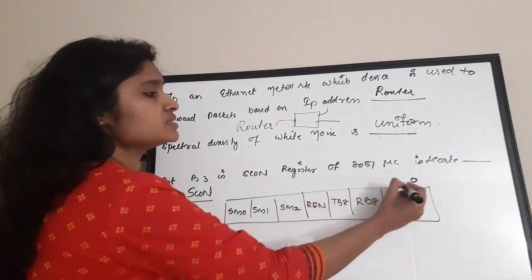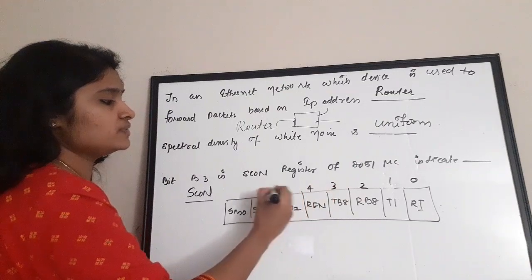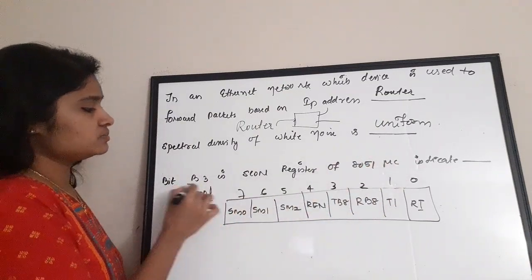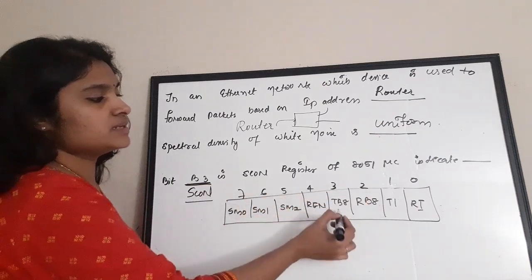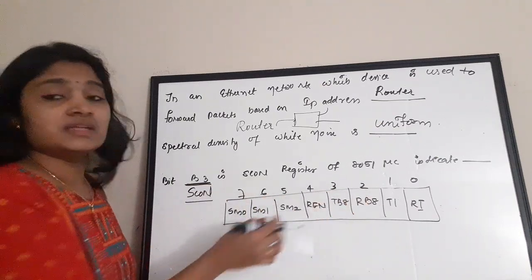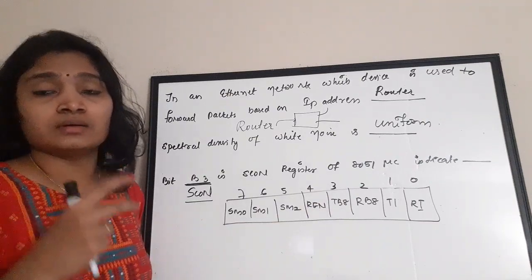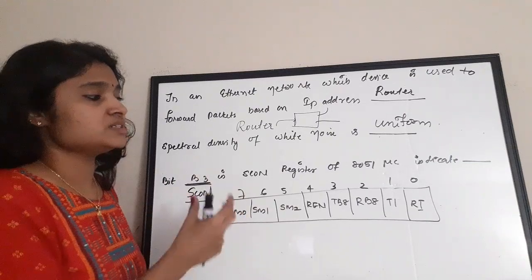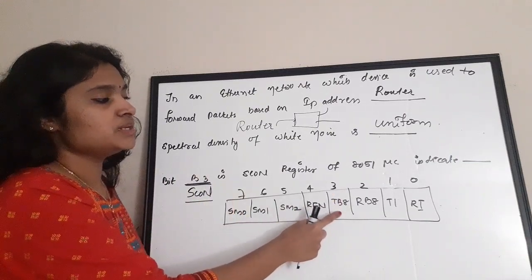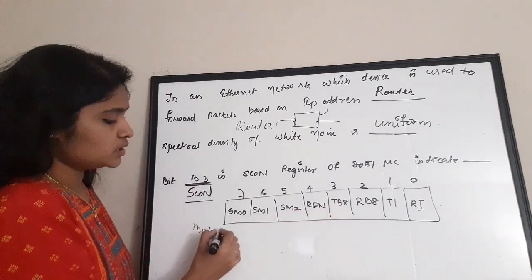Starting from the lower side, it is 0, 1, 2, 3, 4, 5, 6, 7, so there are a total of 8 bits. The question is bit B3. B3 is nothing but TB8. TB8 is storing the ninth bit of the transmitted data in mode 2 or 3.